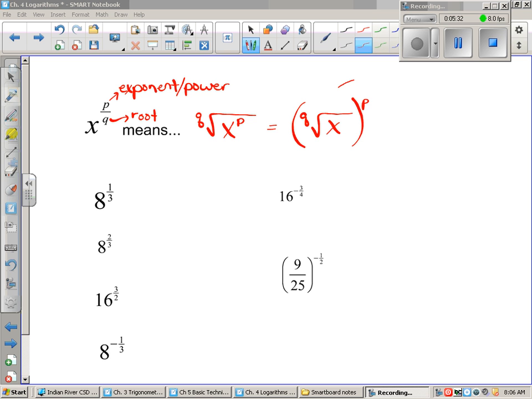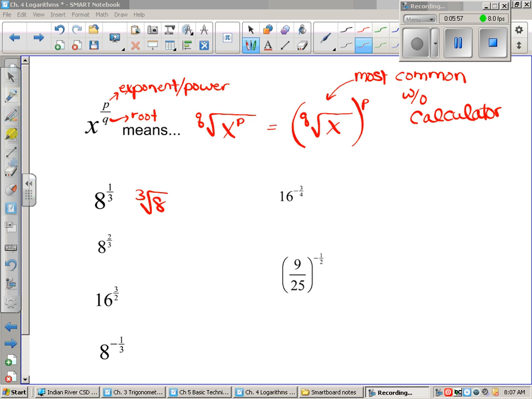And I will tell you that this is the most common. The reason it's the most common is that without the calculator, it brings the number to a smaller level, and then you raise it to a power. So in this first case here, obviously if I was to raise 8 to the first power first, that doesn't change it at all. And then you would do the cube root of 8.